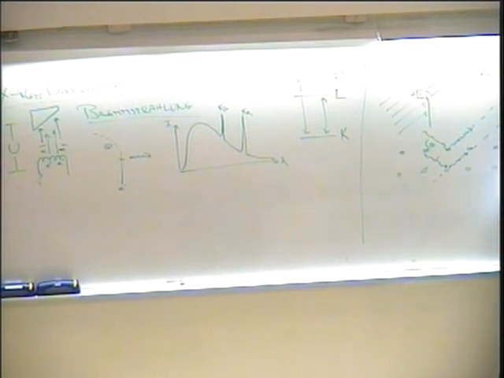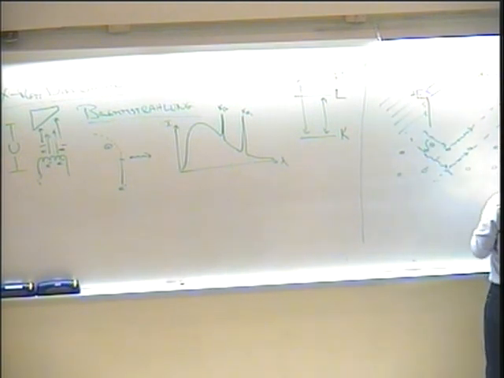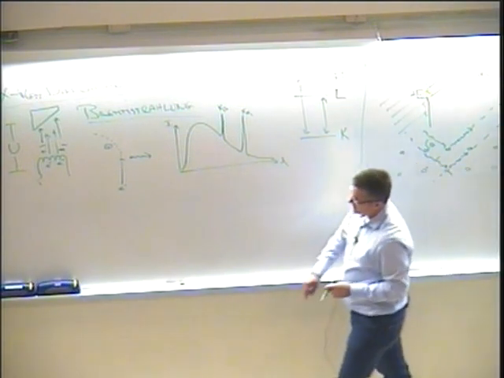How is this situation similar? We still have a path length difference. So the gamma rays that come through this path are going to go on, geez, I really made a mess of that picture, didn't I?